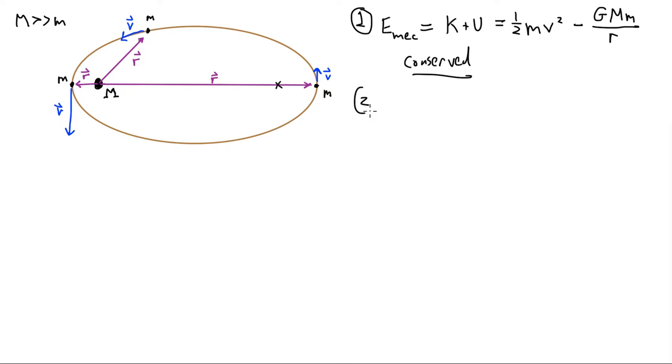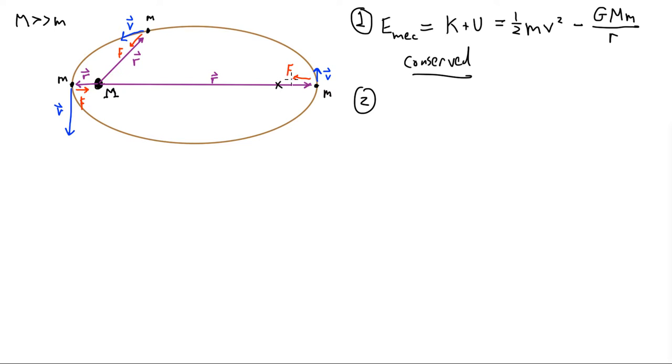The second thing is we need another conserved quantity if we want to be able to solve for anything. So what we have to do is go back to our rotation unit and look at how the gravitational force acts on this little m guy. At any given point, the little m guy is subject to a gravitational force from the big one, and that force always points straight towards the big one. Right there, and right here, it'll be like that.